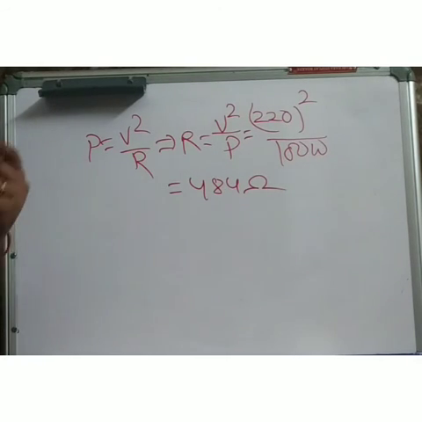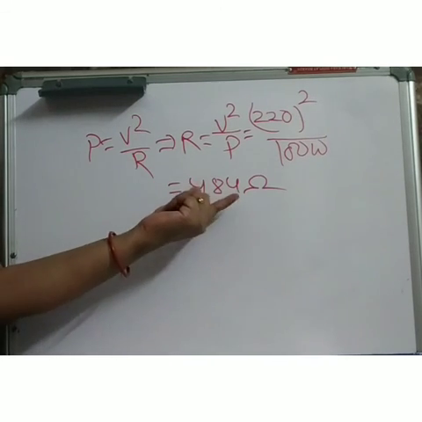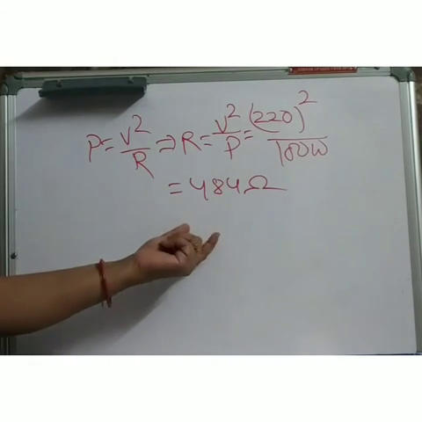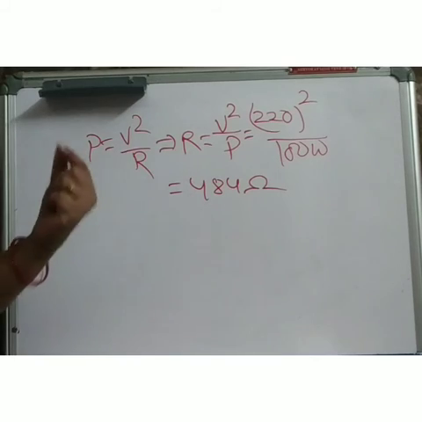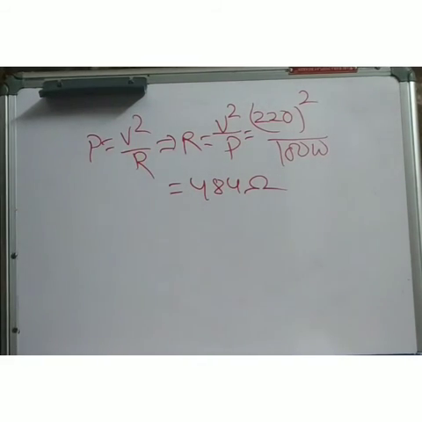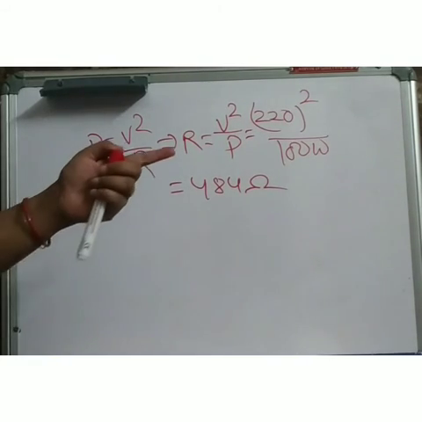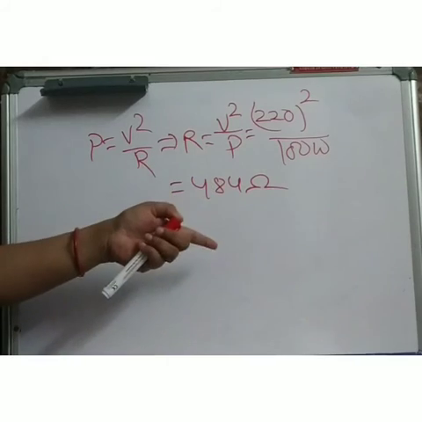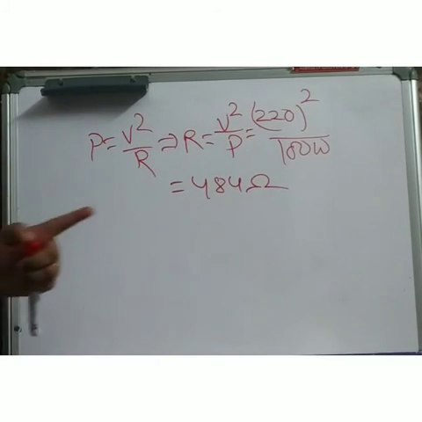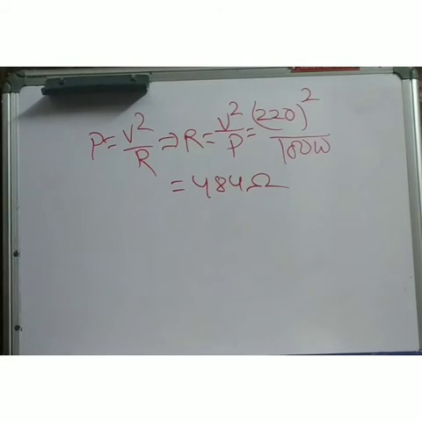That means from the power rating we can calculate the resistance of the bulb. Resistance of the bulb means there will be a filament inside the bulb. So we are getting the resistance of that filament, and we can easily calculate it.